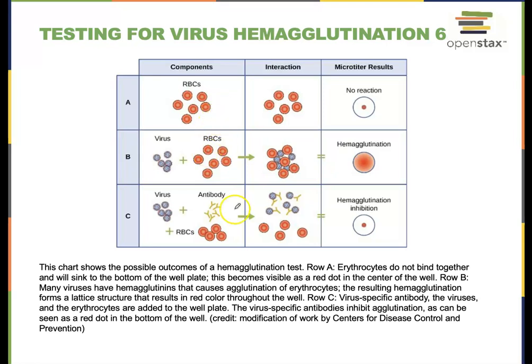So hemagglutination, the heme stands for red blood cells, and agglutination is the clumping or gathering of the red blood cells. So you see here that if you have red blood cells and more red blood cells, there's no interaction and there's no reaction. In letter B, we have a virus with our red blood cells, and the virus can stick to more than one red blood cell.